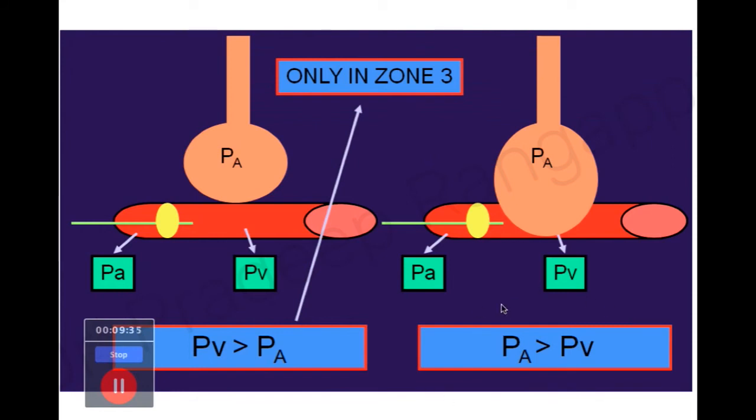So this is another image, and the key aspect about the accuracy of left atrial occlusive pressure is that the PA catheter and the balloon that is wedged should be in zone 3. Zone 3 is a place where your pulmonary venous pressure is more than alveolar pressure.